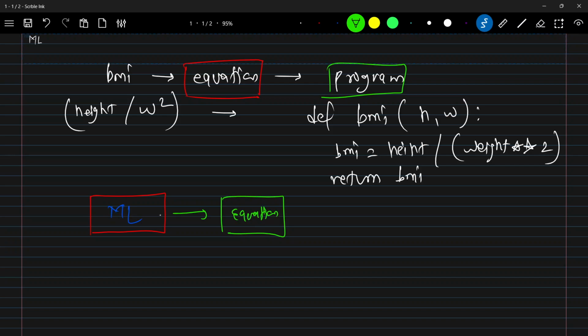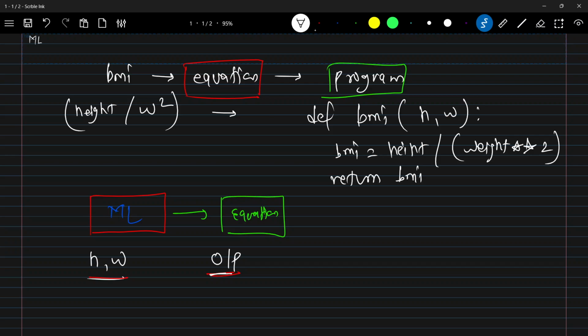That equation will be given by machine learning itself, so we don't need to write it. So even if we don't know the BMI calculation, what three things do we require to train a model? We need height and weight, which are input, and we also need the output, because we are training a model, we need data. We will talk about this later.